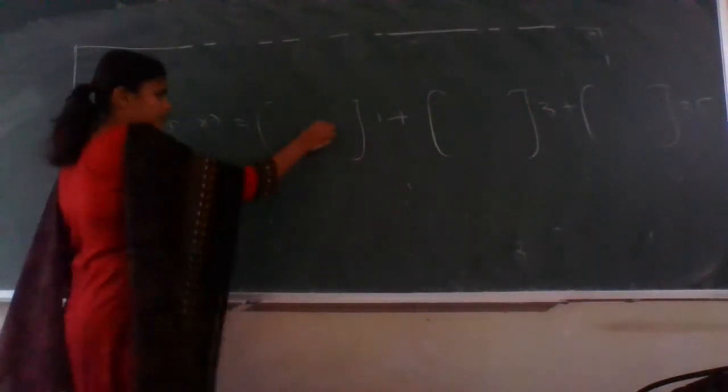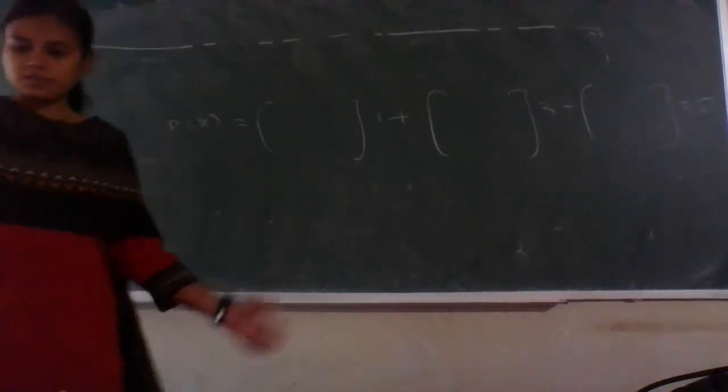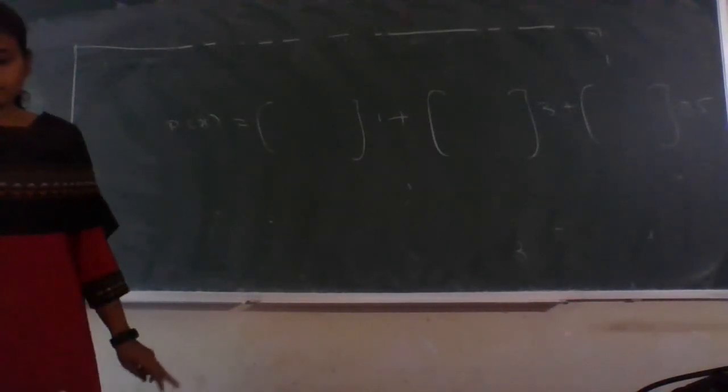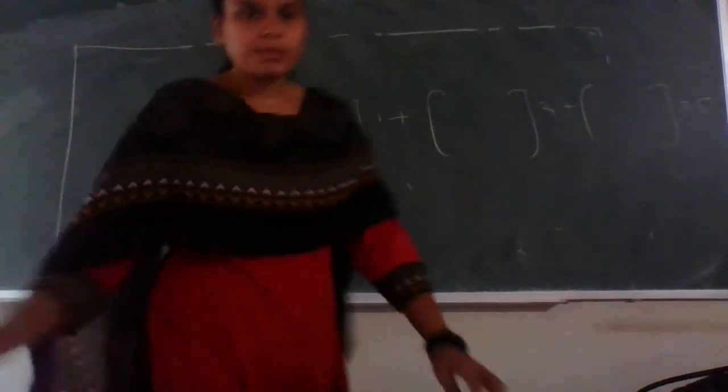So you just put in the values of L0, L1 and L2 that we have found, and that is the polynomial P of x. In this way you can solve the example. Okay, let us stop the lecture. Thank you.